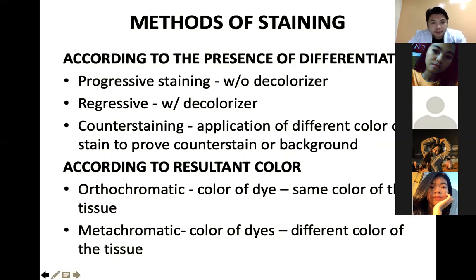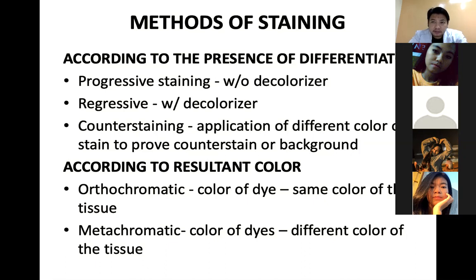Next is orthochromatic staining. The color of the dye is the same color as the tissue. You can visualize the color of the dye. If it's blue, then the color of the tissue will be blue. That's orthochromatic staining. But in the metachromatic class, the color of the dye is different from the color of the tissue.